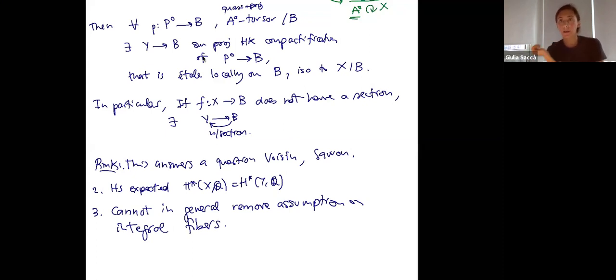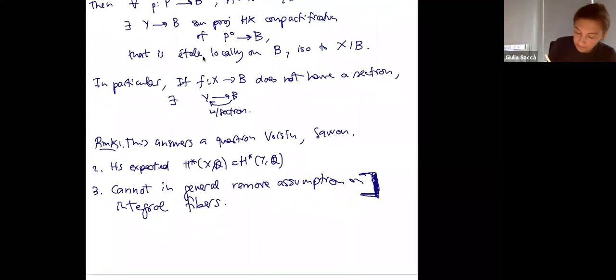In fact, there are many examples that you can construct of Lagrangian fibrations with reducible fibers, non-integral fibers, whose relative Albanese does not admit a smooth hyperkähler compactification. On the other hand, in some cases there is. So it's interesting to understand, if you drop that assumption, whether there are other conditions that you can put on the original fibration you start with in order to achieve smoothness.